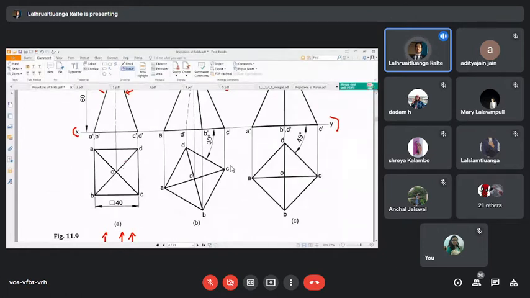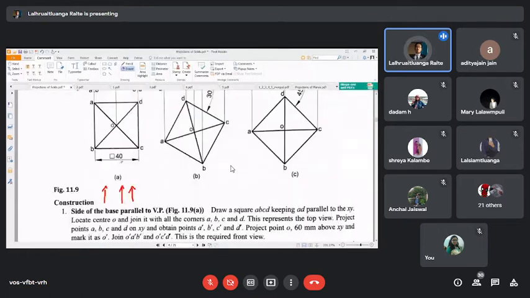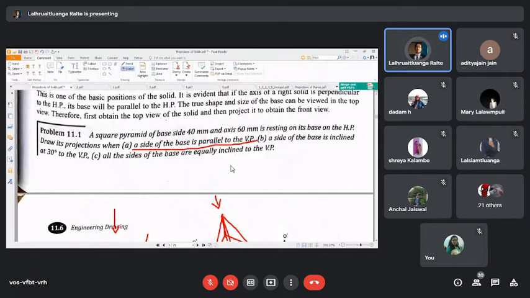All right, now let's see the second condition. The second condition states that one side of the base is inclined at 30 degrees to the vertical plane.